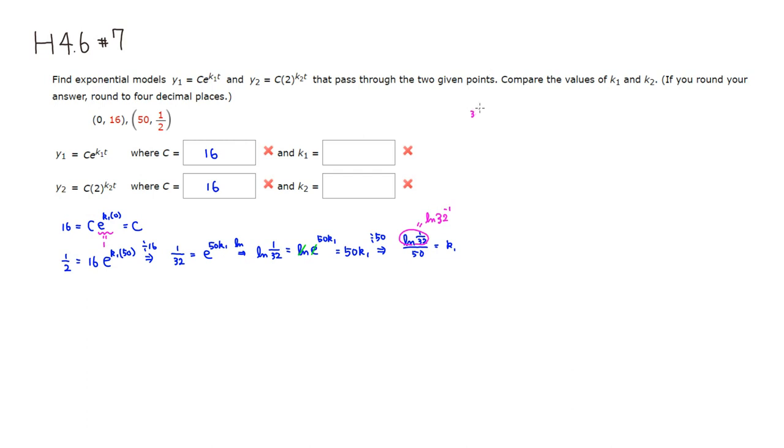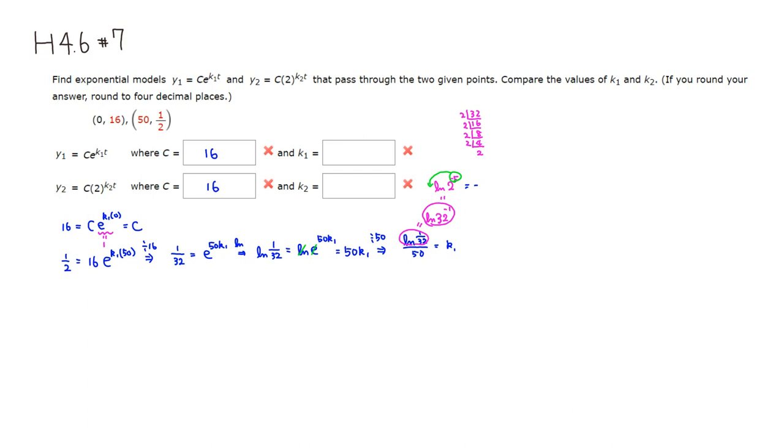Divide by 2 and you get 16, divide by 2 and you get 8, then 4, then 2. So 32 is 2 to the 5th power. We can rewrite this as the natural log of 2 to the 5th power with the negative sign, and you can place the power in front.